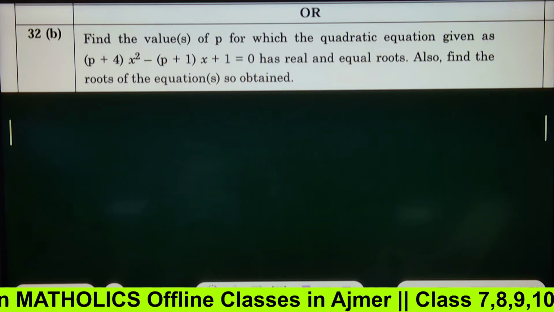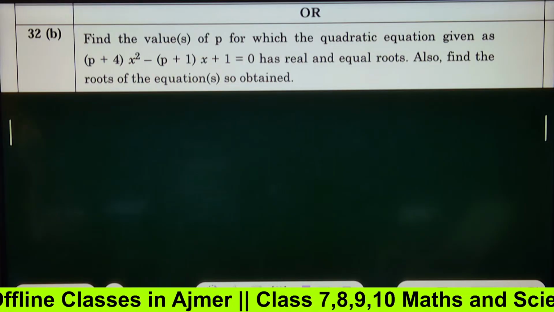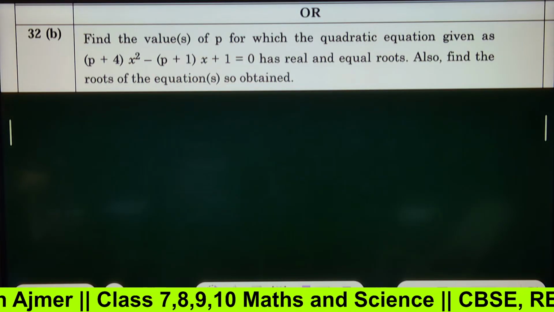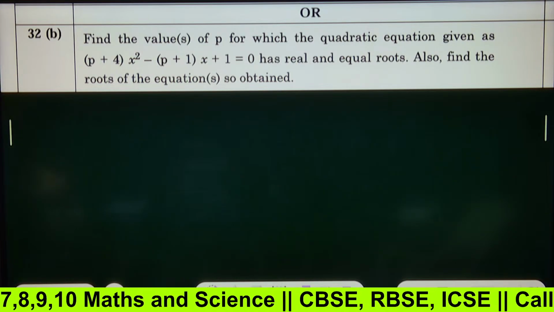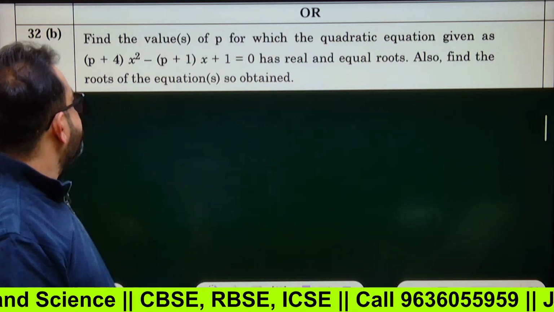Tell me, in this question, what do we have to take for the value of the discriminant? Tell me fast. I'm waiting.